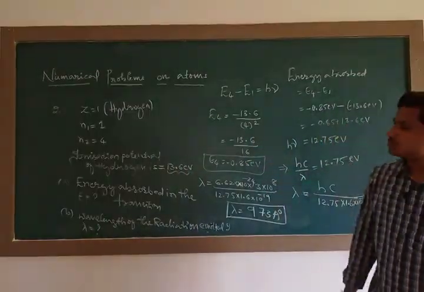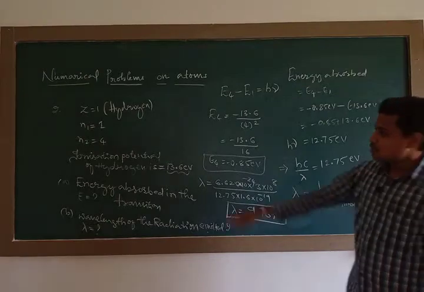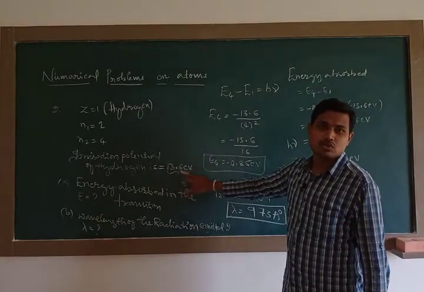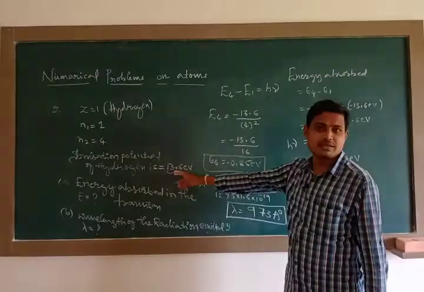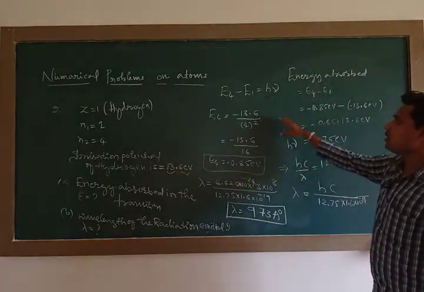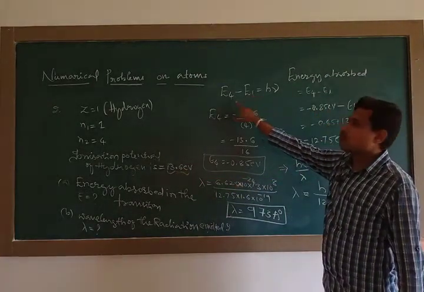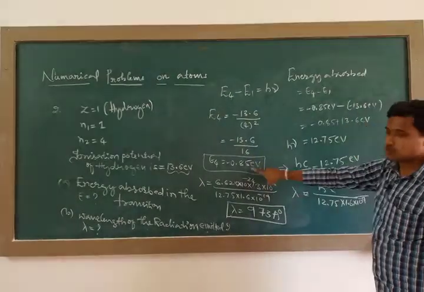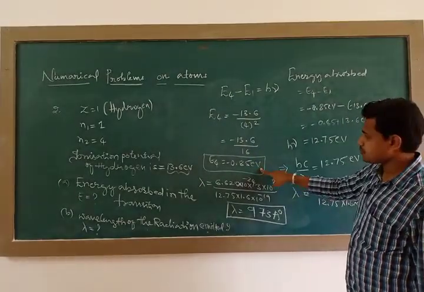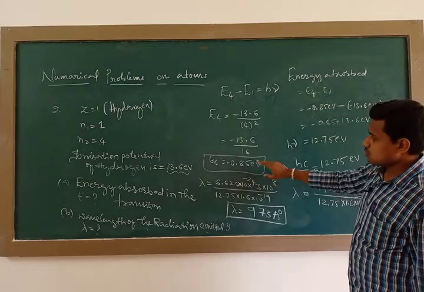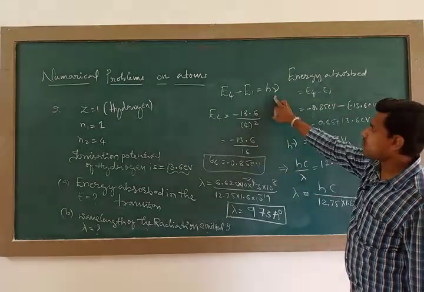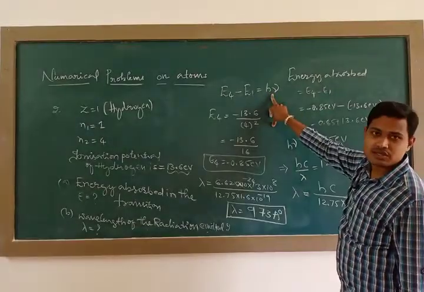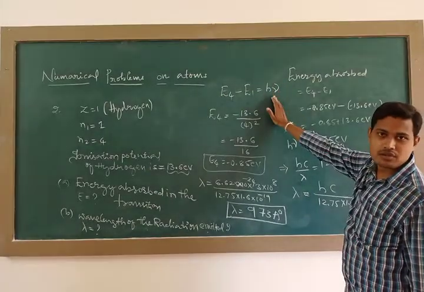Very simple problem. They have given it simply to confuse you. Minus 13.6 is the ground state energy. Energy in the fourth orbit is minus 0.85 electron volt. If you take the difference of these two, that will be the emitted energy, and emitted energy and absorbed energy are one and the same.